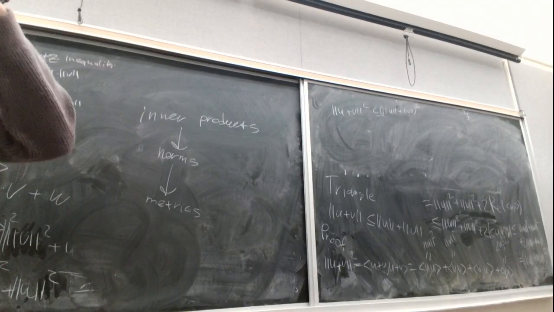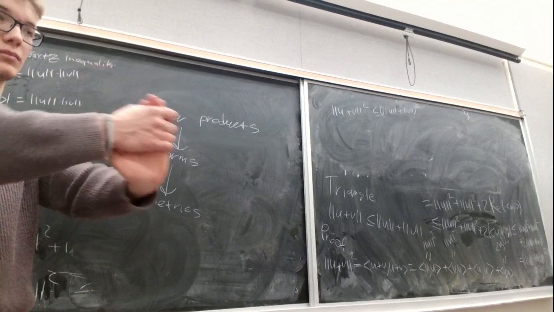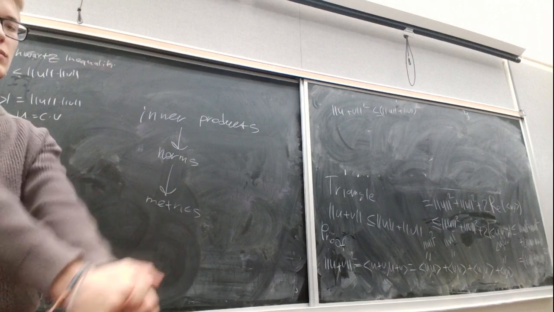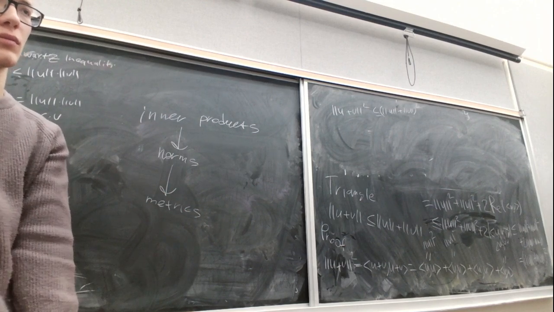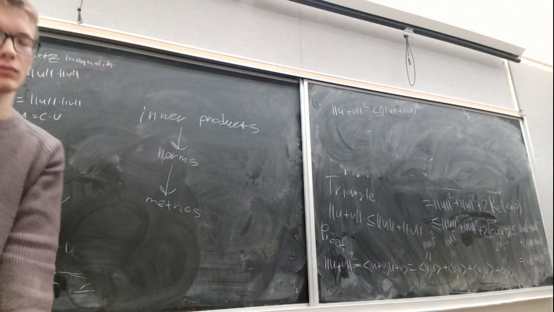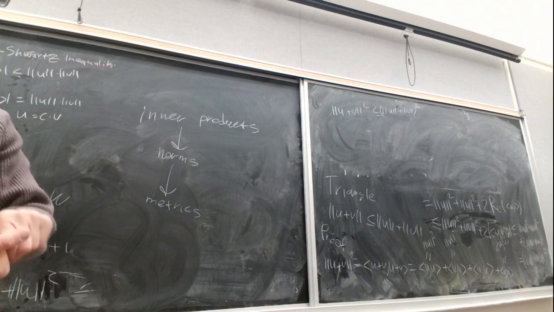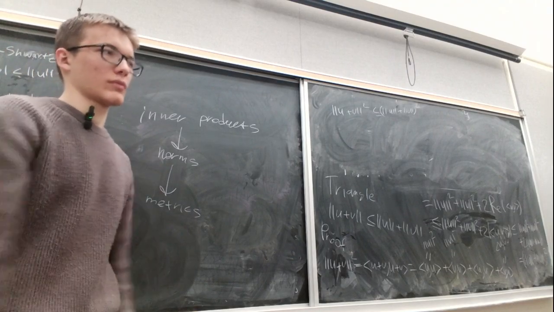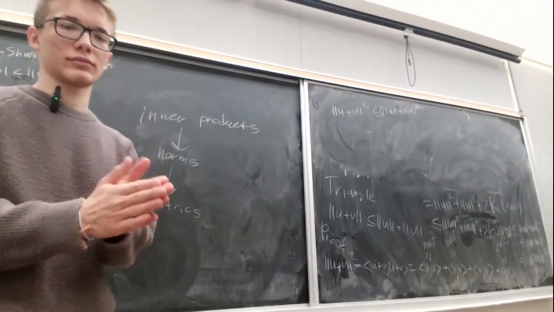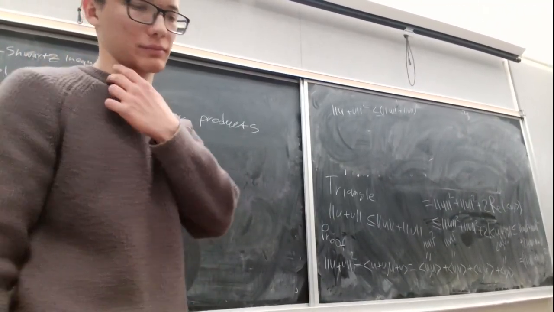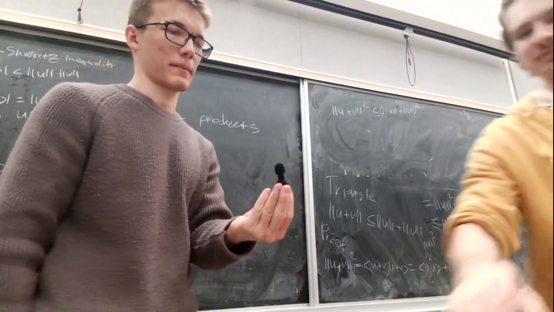So you can have norms that don't come from inner products. If you read Axler, he does talk about what condition has to be satisfied for it to be so. You can read that, you cannot read that, up to you.